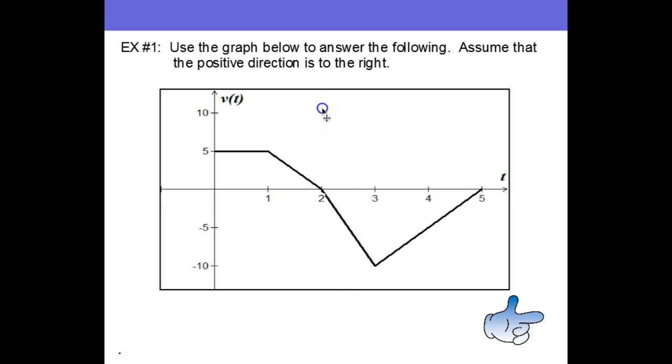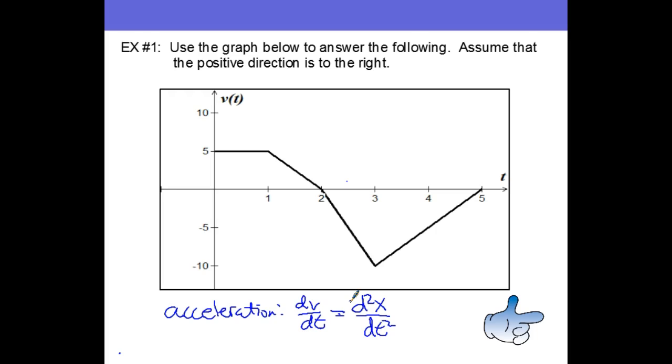Because acceleration is equal to the derivative of velocity with respect to time. That's the first derivative. Now that's also the second derivative of x with respect to time. So a equals dv/dt, or the second derivative of distance with respect to time.